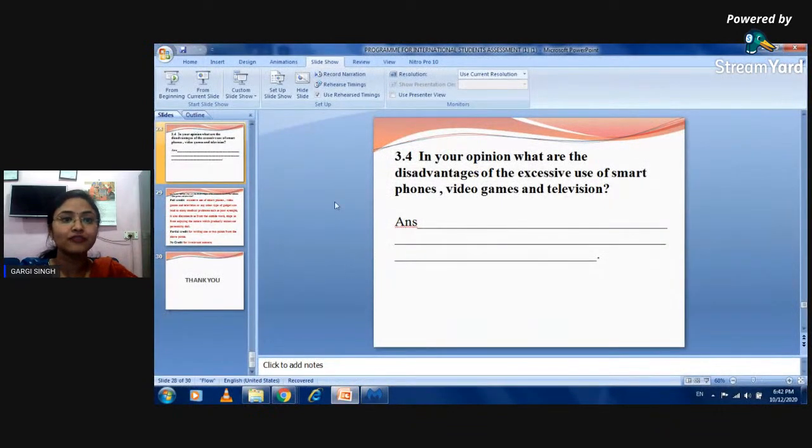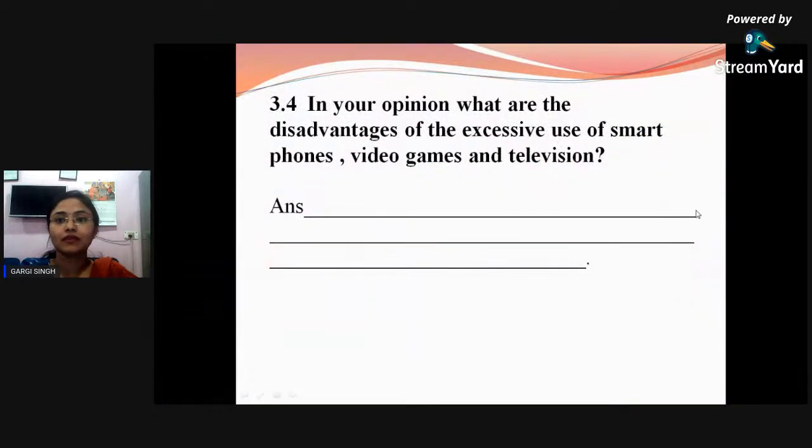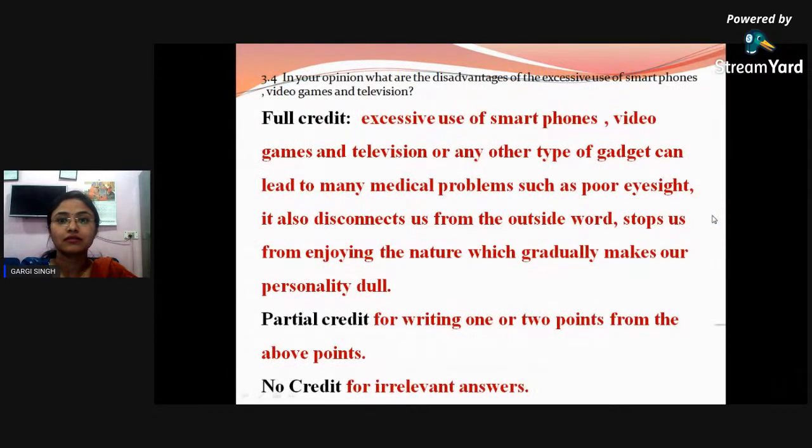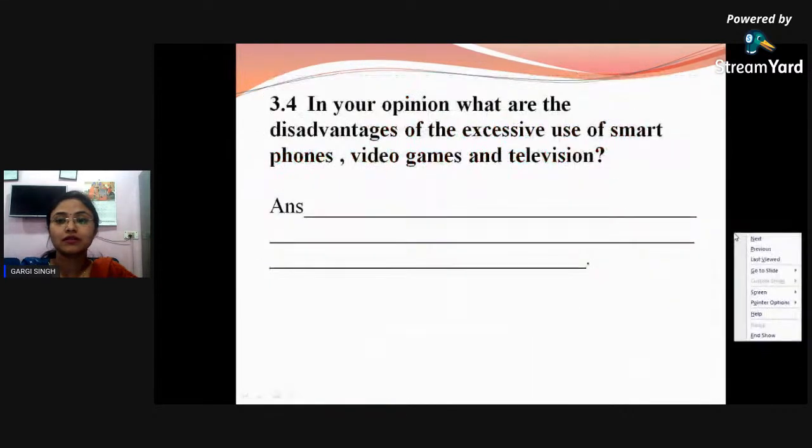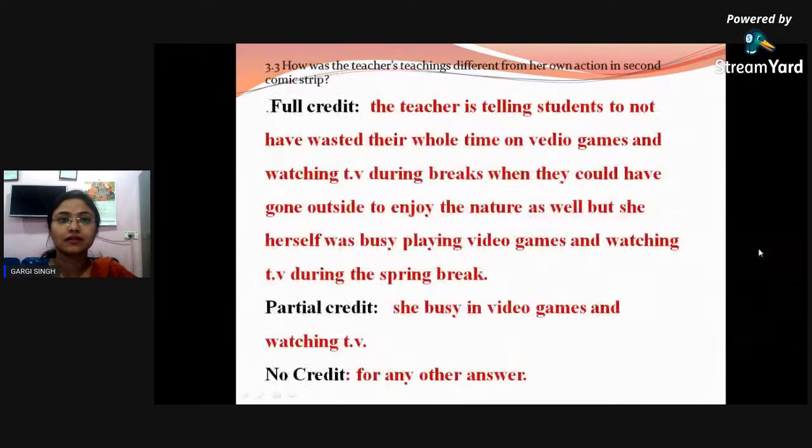Okay, so those who have written both the things, that is the teacher's teaching and the difference of her own action, they are going to get full credit.